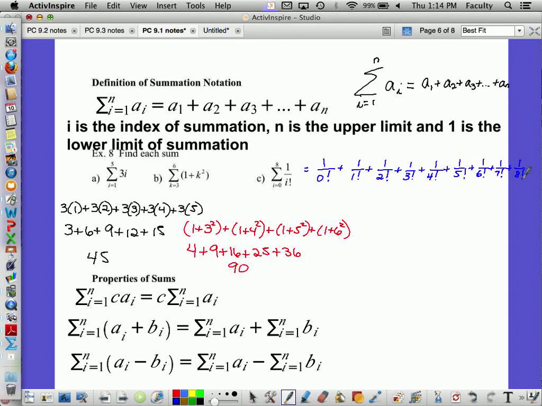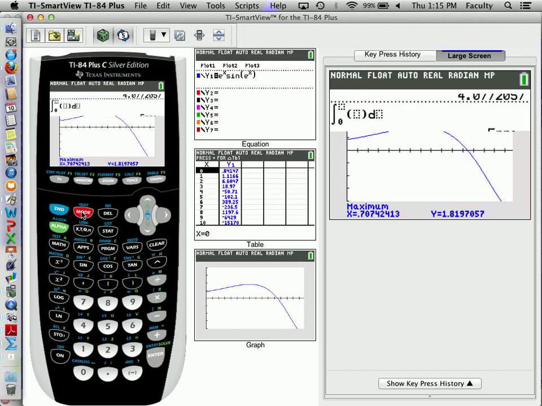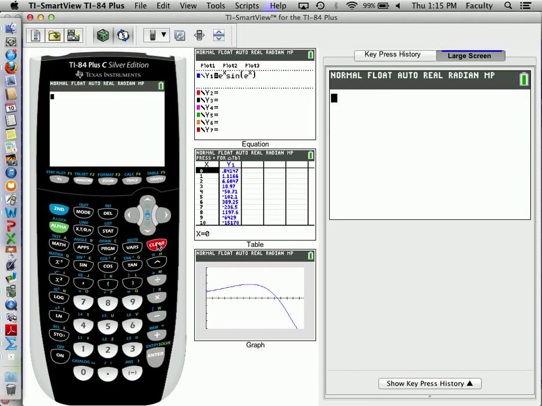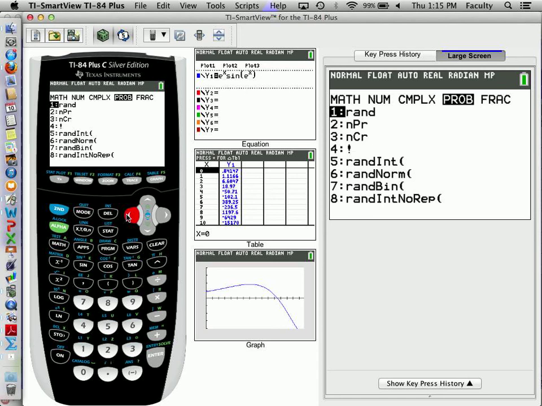Do you remember where the factorial button is? It's under Math, Probability. All right, so here we go. You're going to do 1 divided by, and if you press Math and go over to Probability, there's the factorial button.